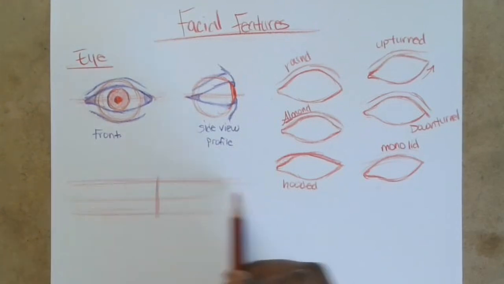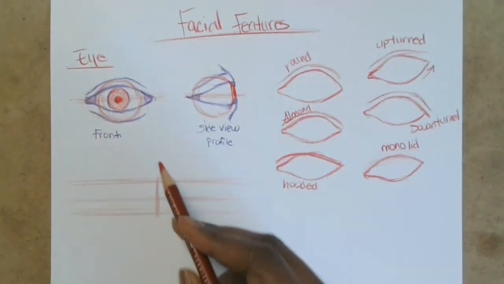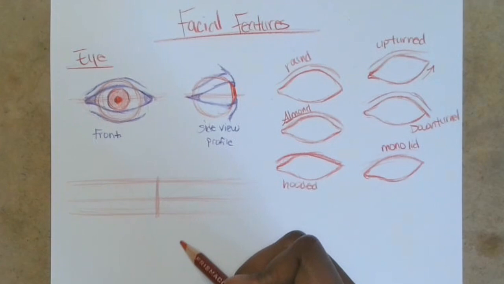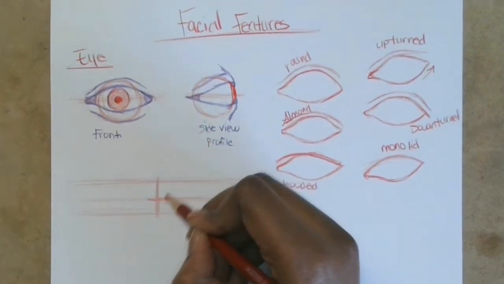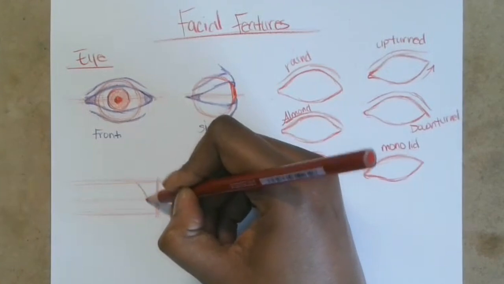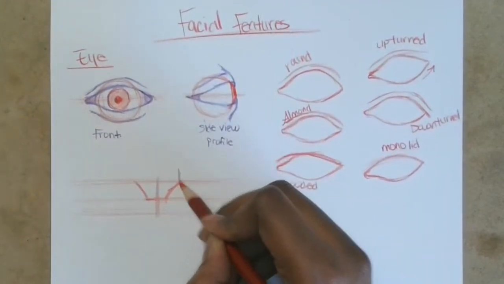So in between this, I am drawing another line, a center line, to represent the line my pupil sits on. So if we were drawing a face from a front view, this would be in between the eyes, kind of where your nose bridge start and your eyebrows.